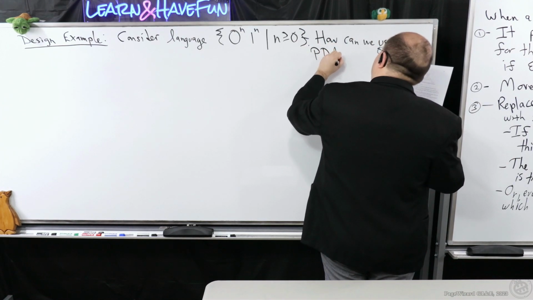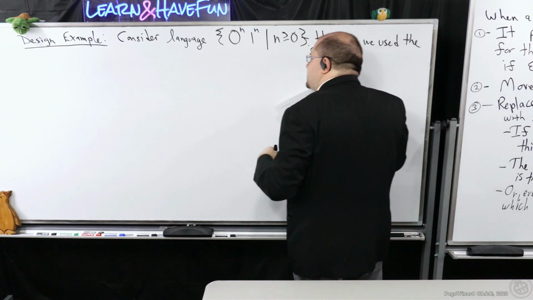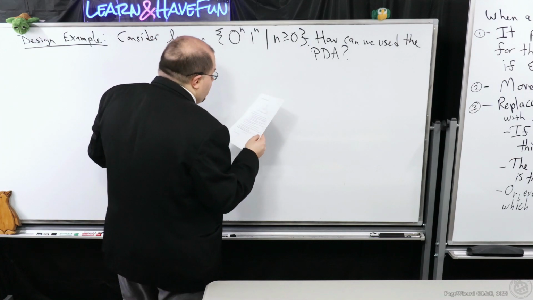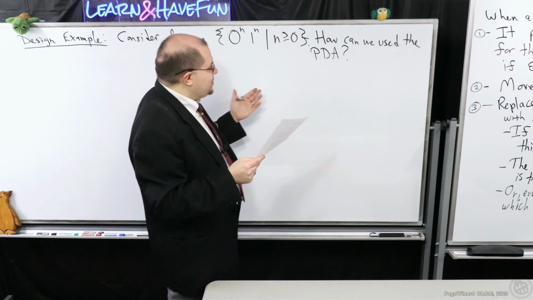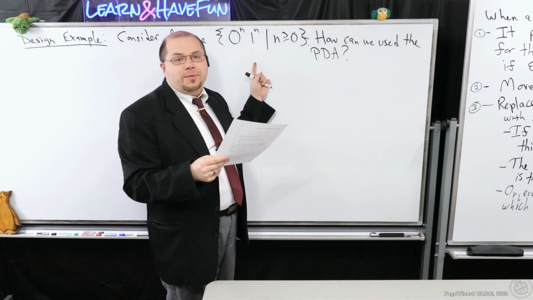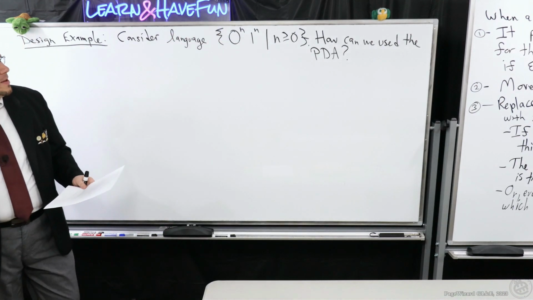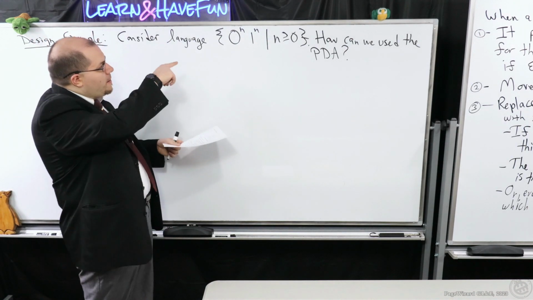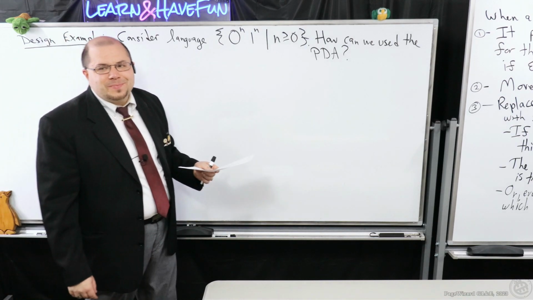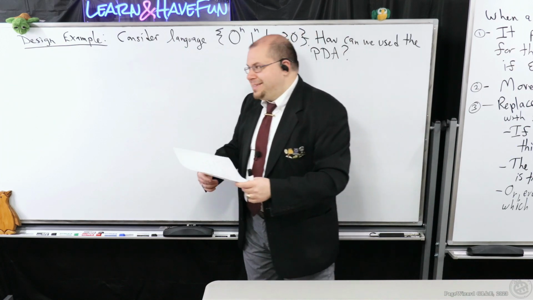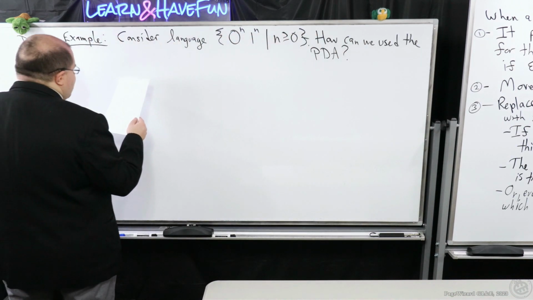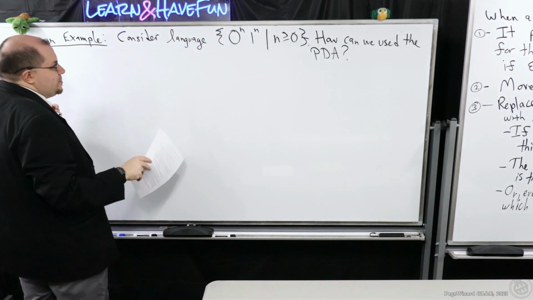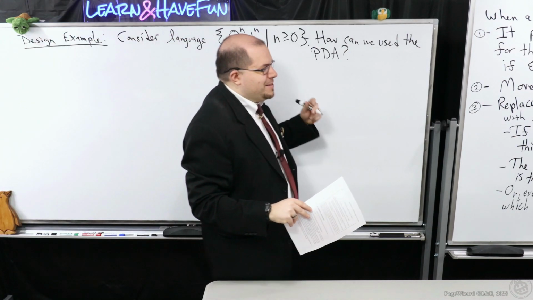How can we use the push-down automaton, based on what I've just described? As a reminder, is this language regular or not regular? Could somebody tell me? We've also seen how we can design context-free grammars for this language. No, it's not regular. Most certainly a DFA or even an epsilon FA cold turkey won't be able to craft some way to describe this language.